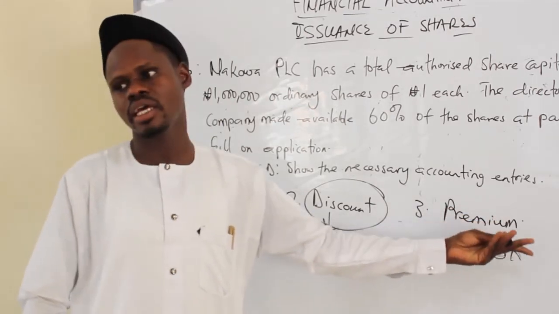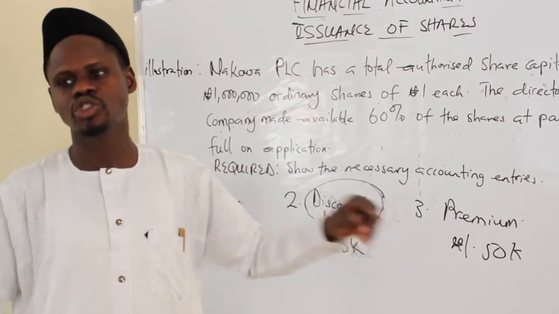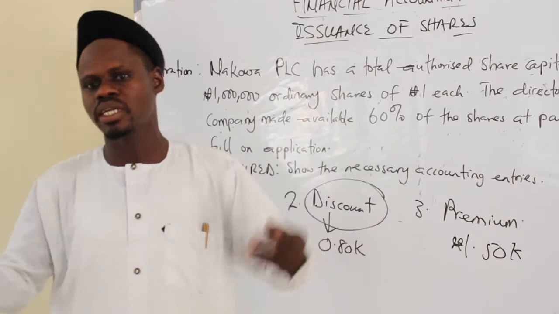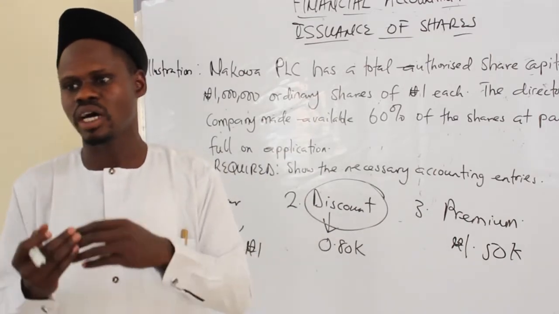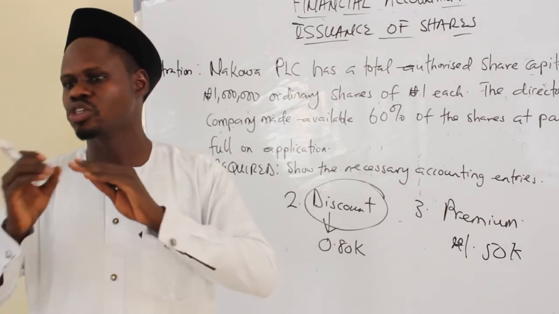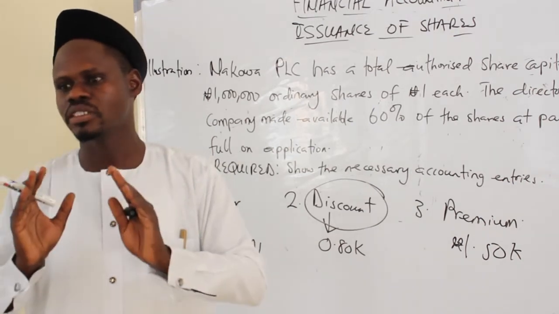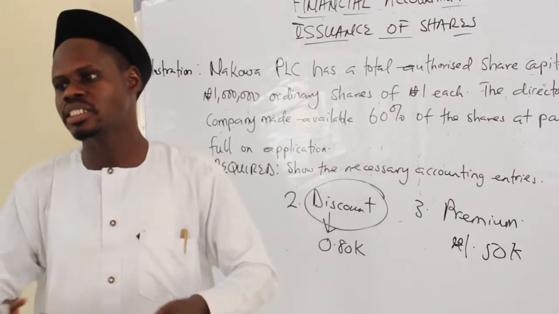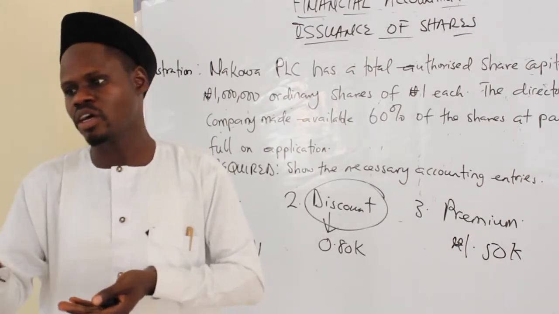What usually encourages directors to sell shares at premium is maybe you have big companies like Dangote Cement PLC, or MTN Nigeria. These are established companies with a good reputation for making profit. So the board of directors decide to sell their shares at a price higher than the nominal value. Why?